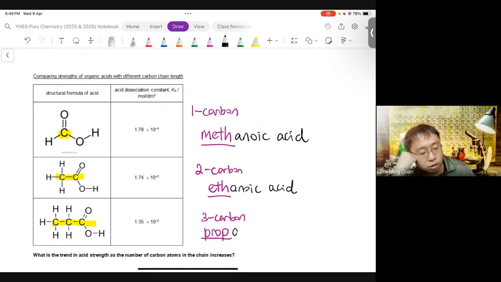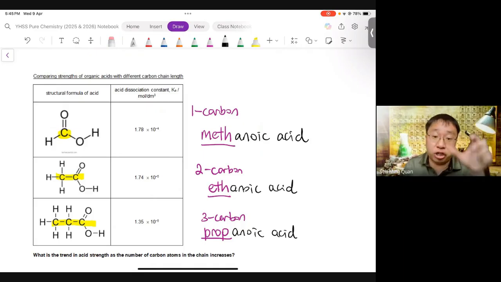So propanoic acid has 3 carbons. Essentially, to indicate the number of carbons, we change the first part of the name, the prefix. Meth, eth, prop. So you can clearly see, as the number of carbon increases, the chain length increases. It must, right? There are more atoms.